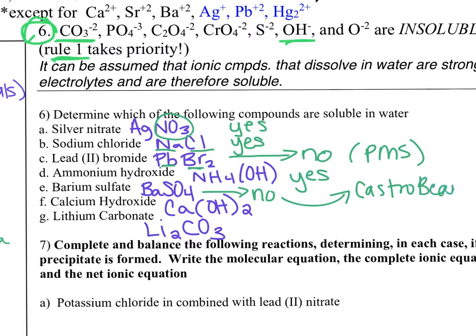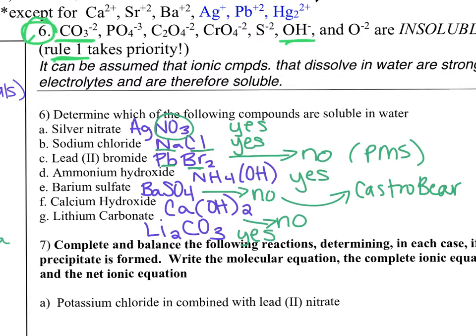Calcium hydroxide: no. Whenever it has an OH, it's not soluble. Hydroxides tend to not be soluble, unless they're with group 1s. And finally, lithium carbonate: yes. Why? Who saves it?